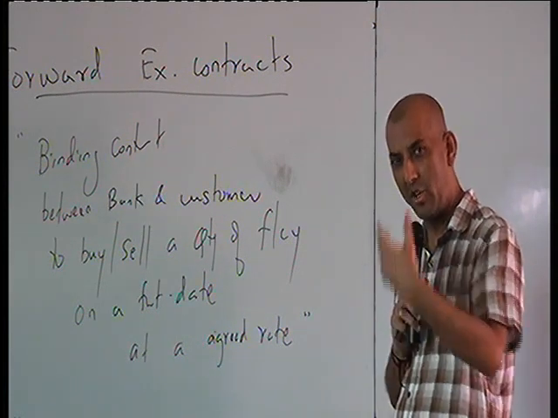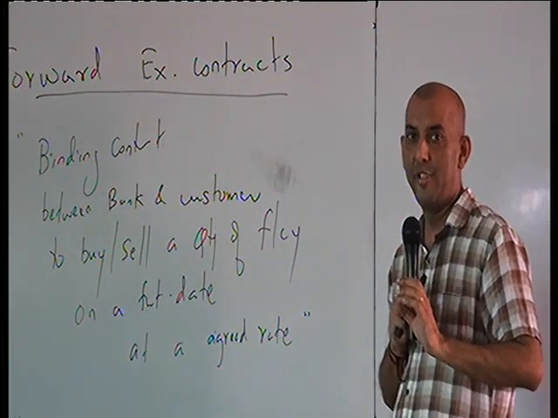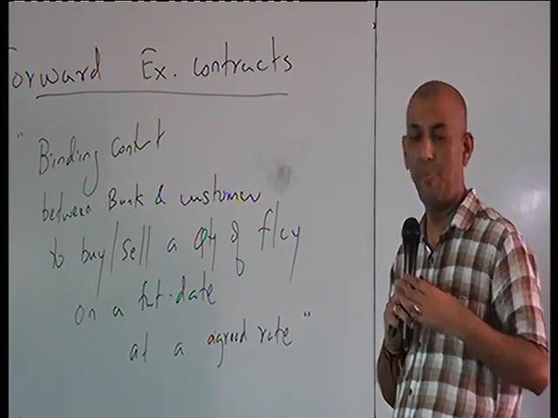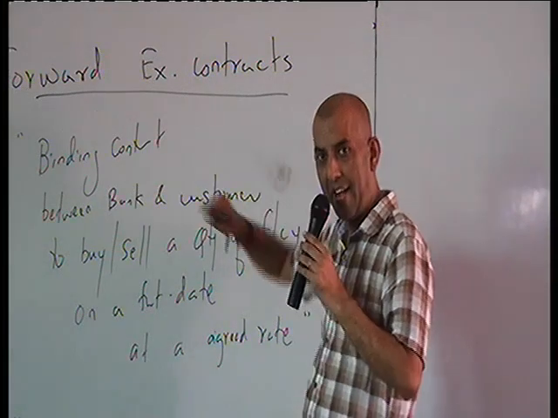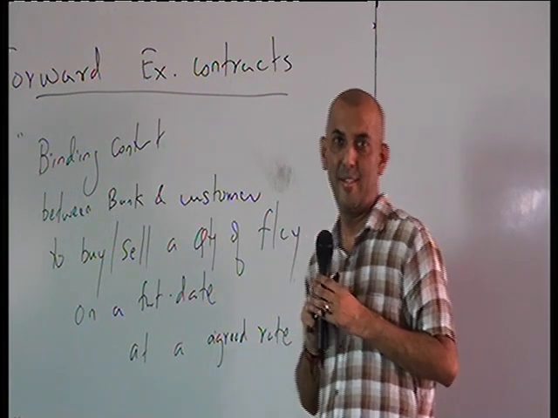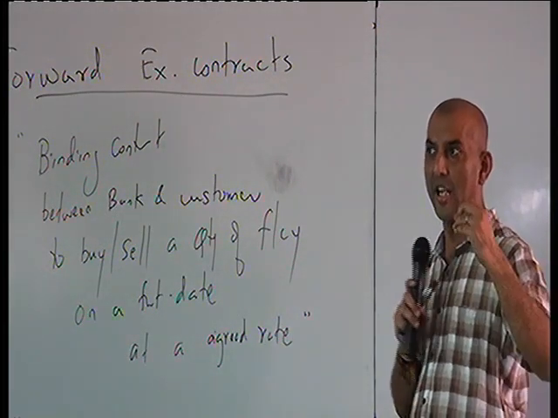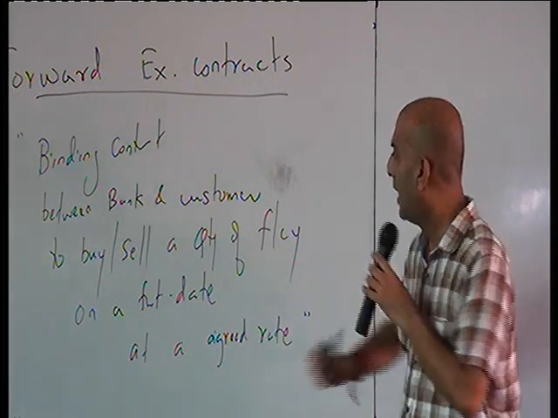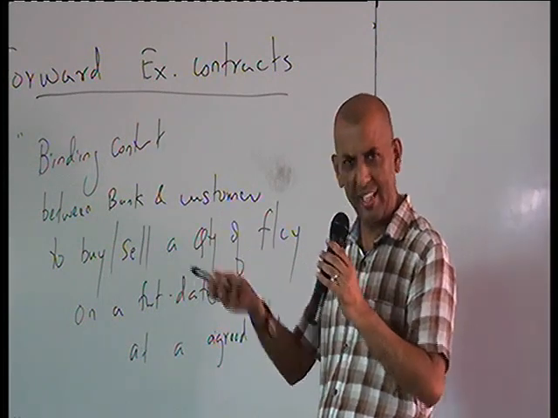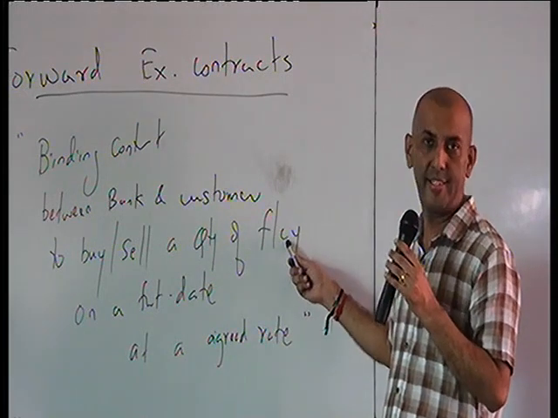But obligations are what you are supposed to do under the contract. So one is a responsibility, the other is a right. Right? So please note, it's a binding contract between the bank and the customer, where the customer will buy or sell, it can be both ways, a quantity of foreign currency.